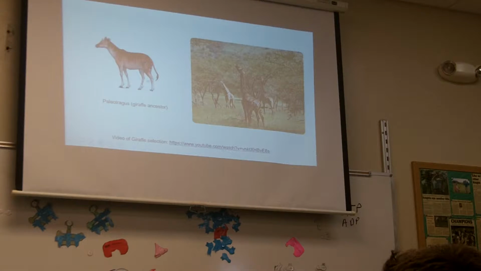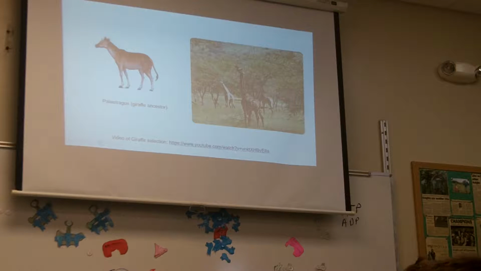This is what the giraffe ancestor looked like, by the way. A Paleotragus. It was around about 30 million years ago. Much shorter neck, much shorter legs than today's giraffes. And you won't find any fossils of a giraffe that looks like this 30 million years ago.